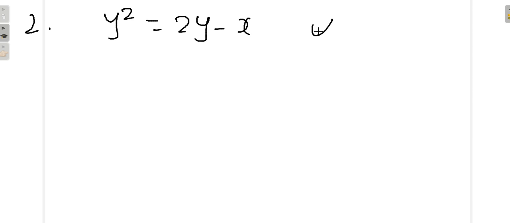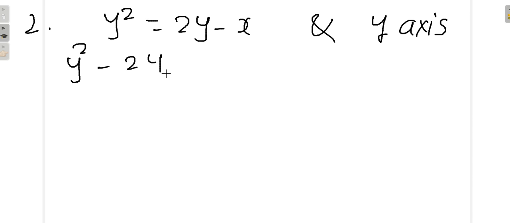Let us see another example now. Find the area of the region bound by y square equal to 2y minus x and the y-axis. Again, I am going to repeat the entire procedure, but I am not going to solve it fully. You have y square minus 2y equal to minus x.